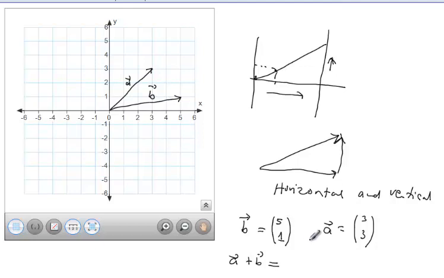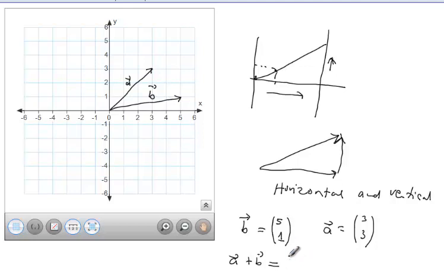They are vectors in essence here, but they are represented as column matrices. Now when we're talking about adding them, we're talking about adding column matrices. Does anyone not know how to add matrices? Okay, so everybody knows how to add matrices.